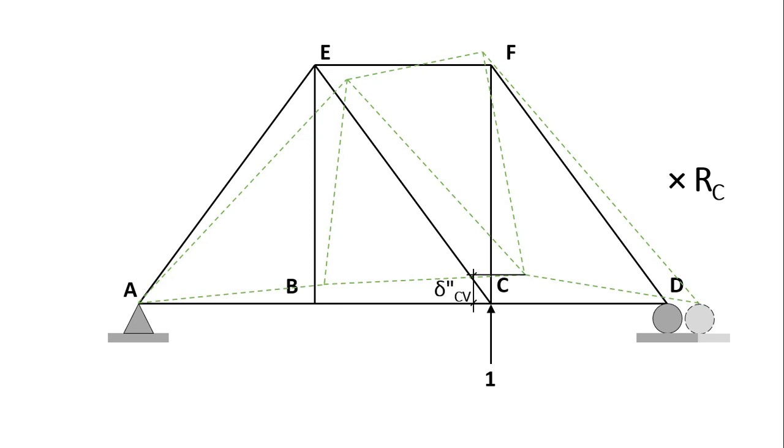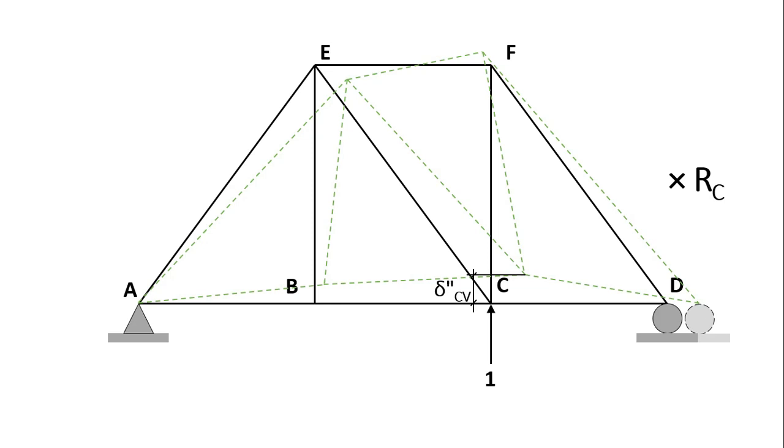Magkakaroon tayo ng another deflection or displacement rather. So, in this case, tatawagin natin siyang delta double prime CV. Okay? Or, hindi po derivative yung prime dito, no? It is just to denote that it is not the original deflection or displacement.